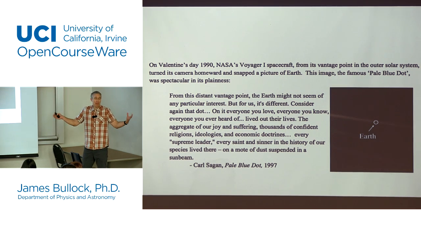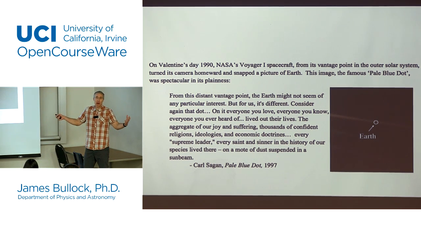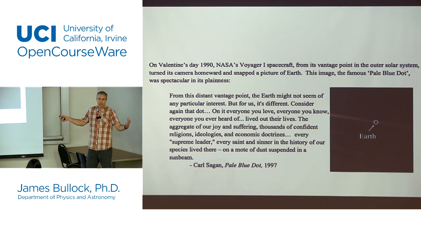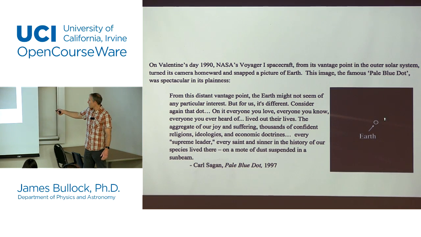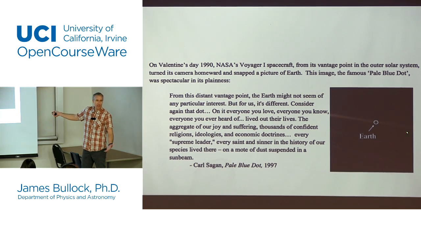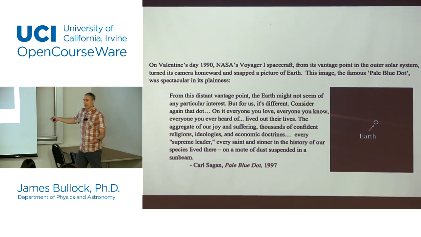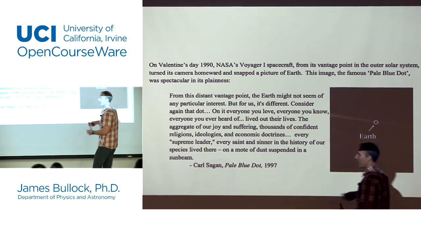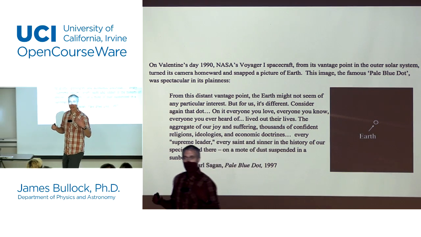But in a cosmic scheme of things, the most powerful supreme leader of all on Earth is just this tiny thing. So what does it mean to be on this dot and then to look out and think about these things?